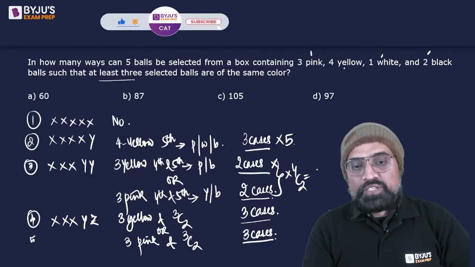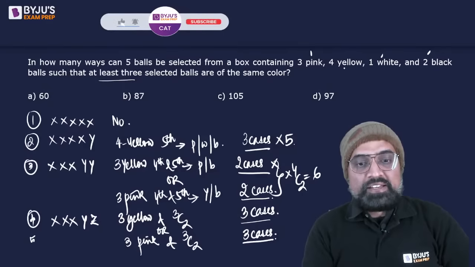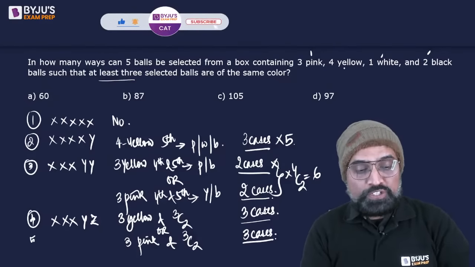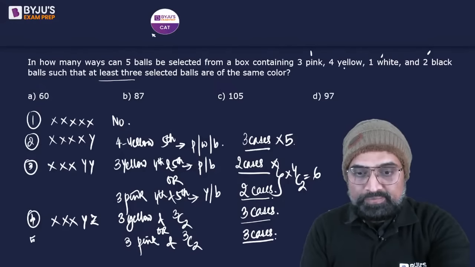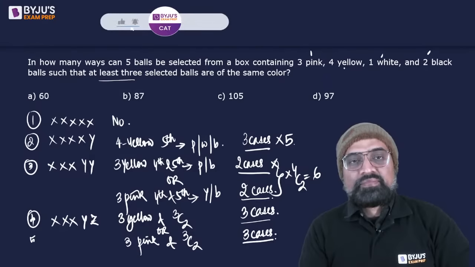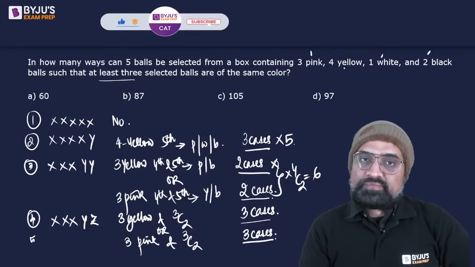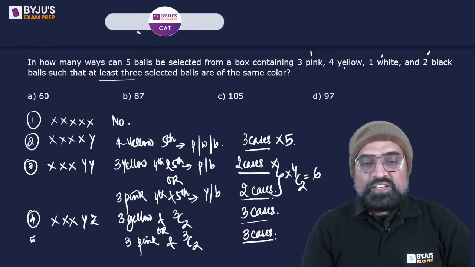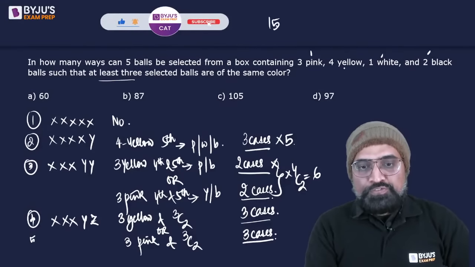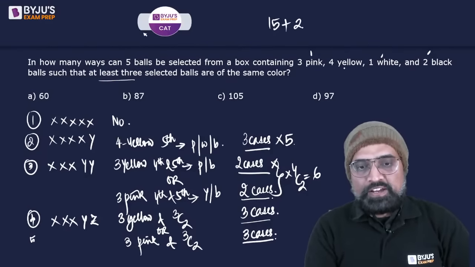So 4C2 is nothing but 6. So we'll have 6 cases further for each of these 4 cases, right? Okay. So we will have 15, we will have 24.